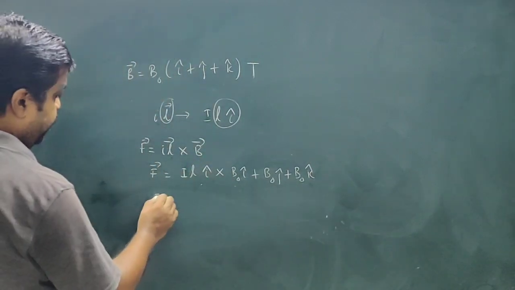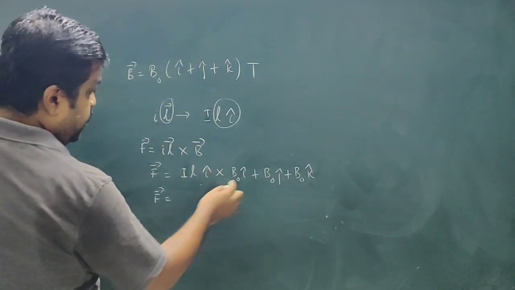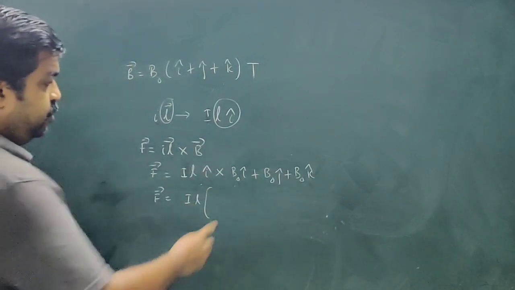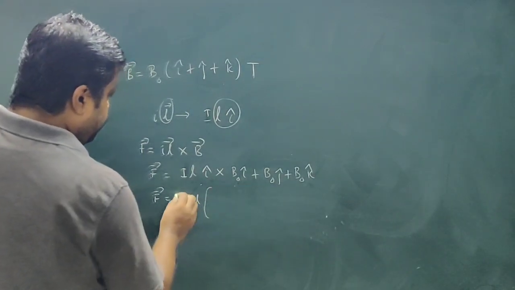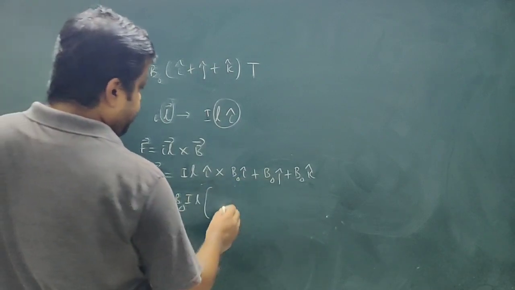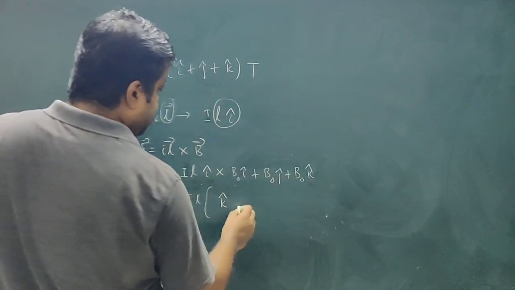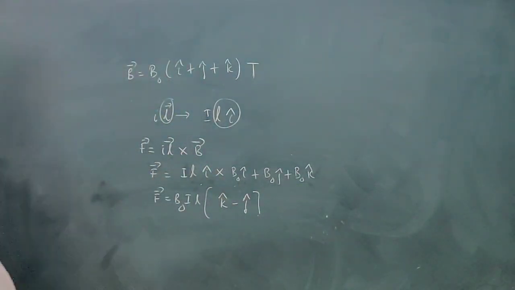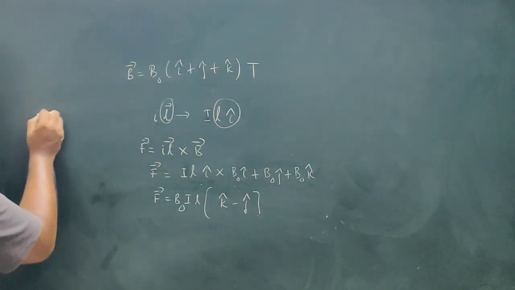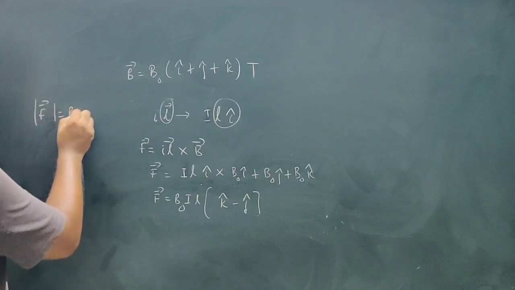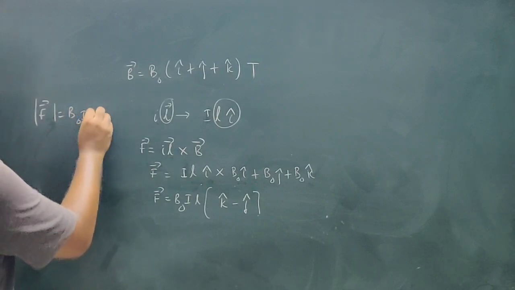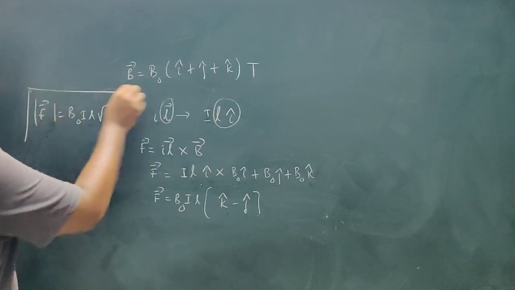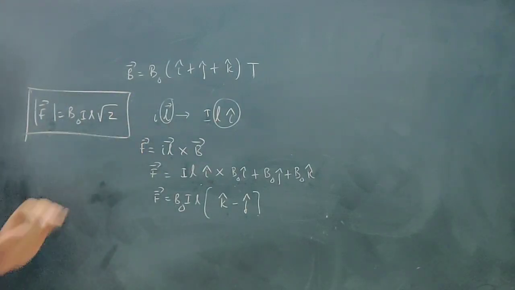So i cross i becomes 0, B naught is taken outside, i cross j is k cap, and i cross k is minus j cap. So the magnitude of F is B naught IL times root 2. This is the expression for the magnitude of the force.